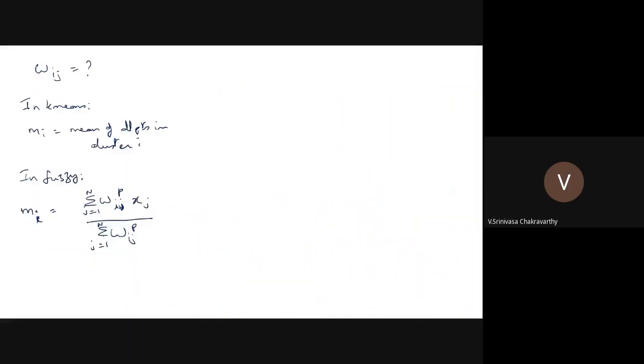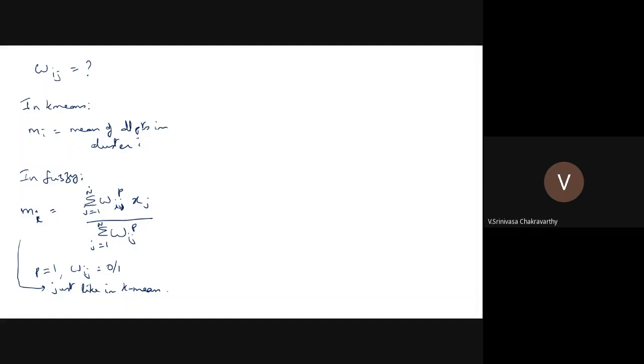So if you look at it purely in k-means terms, you take wij's as binary entries, 0 or 1, and p as 1. Then this is just like in k-means, because you are just calculating the mean value.